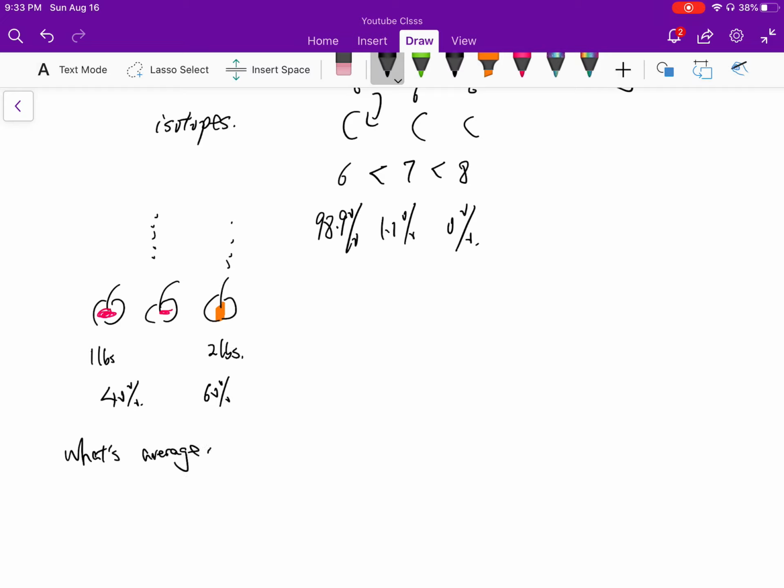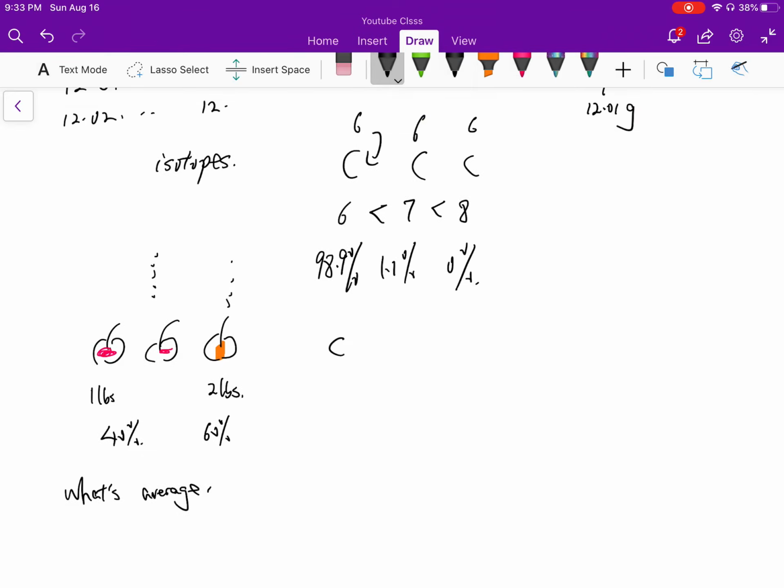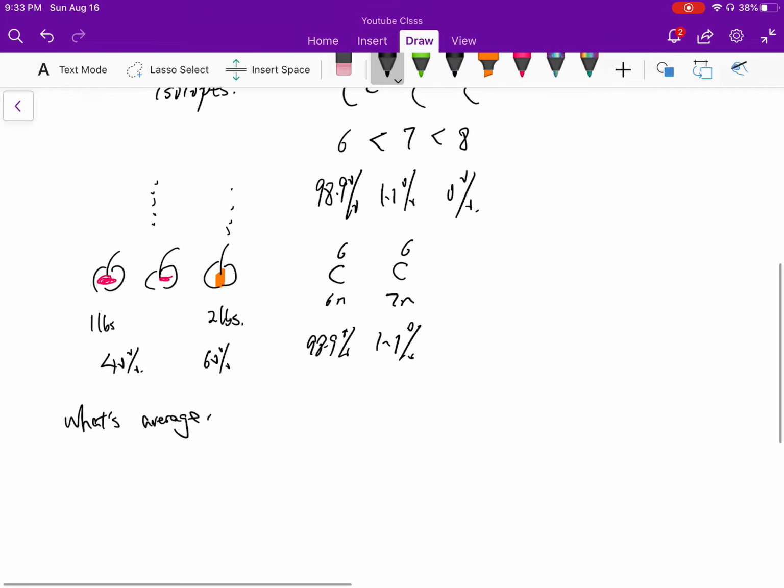This is exactly the same question I'm asking here. Instead of apples, you have different kinds of carbons, different kinds of atoms. This one is C6 with six neutrons, and this one is C6 with 7 neutrons. Just different apples, different carbons, and they have different abundances. In this case, 98.9% and 1.1%. In this case, just 40 and 60. It's just easy numbers and easier things to understand.